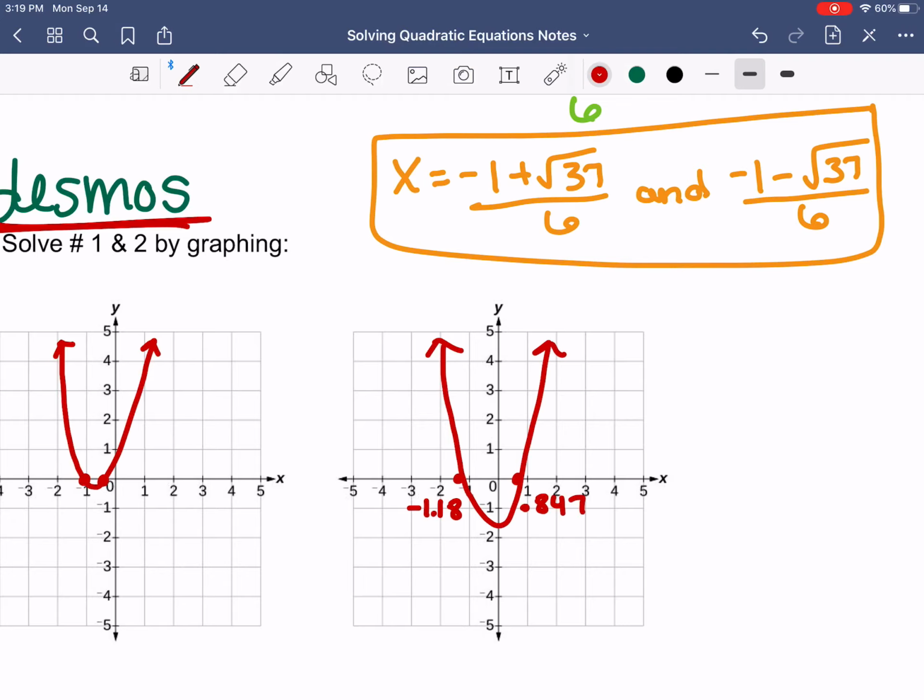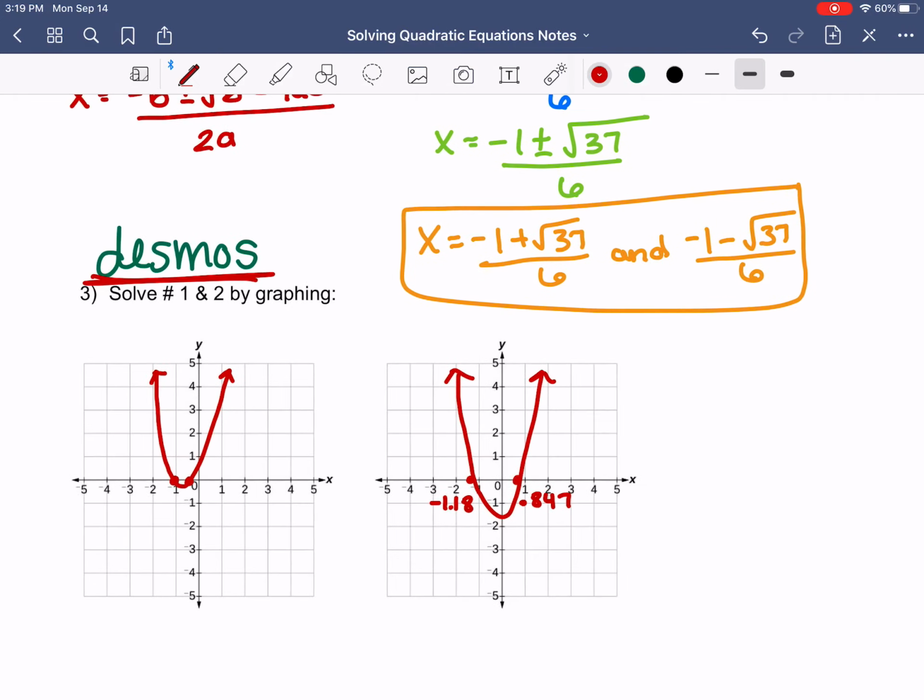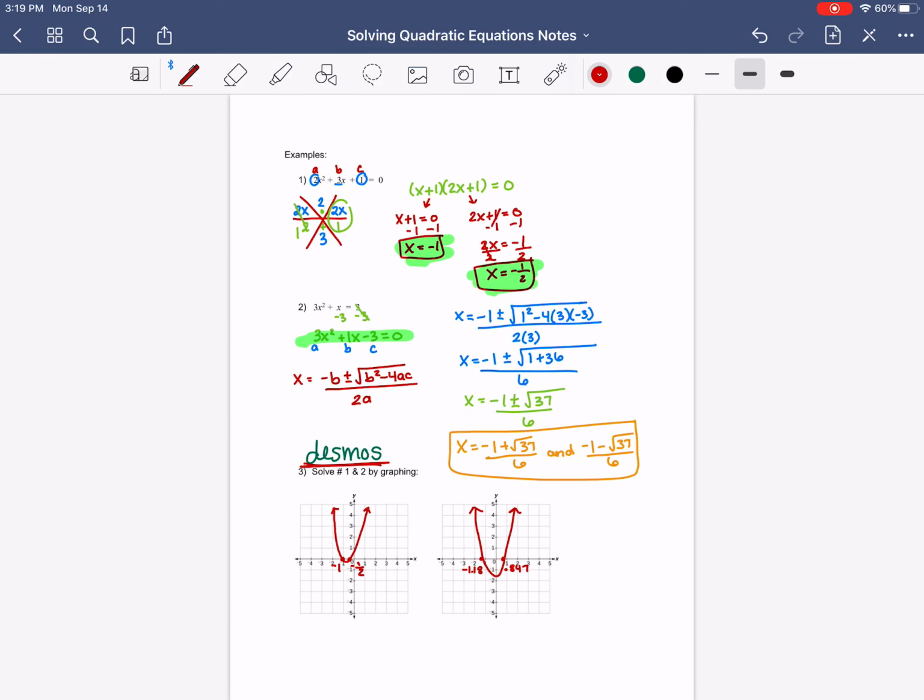I want to make sure you can see, like this one was at -1/2 and this one was at -1, that you know what numbers it hits the x-axis at, and you can just draw a sketch. So your homework tonight, you'll be doing all 3 of these things. They're all technically review: solving by factoring, solving using the quadratic formula, and solving by graphing.